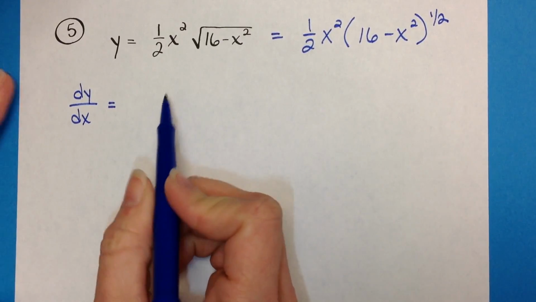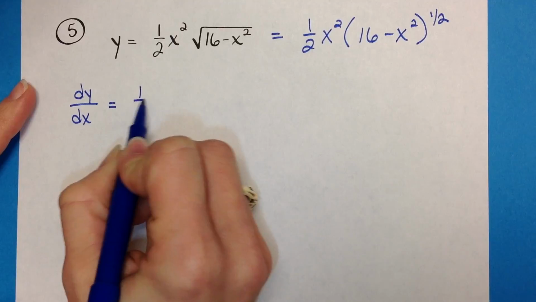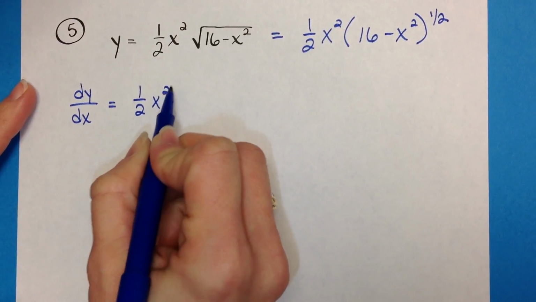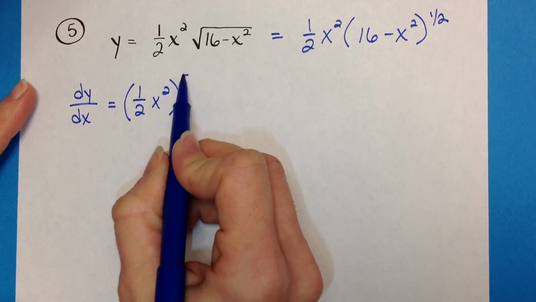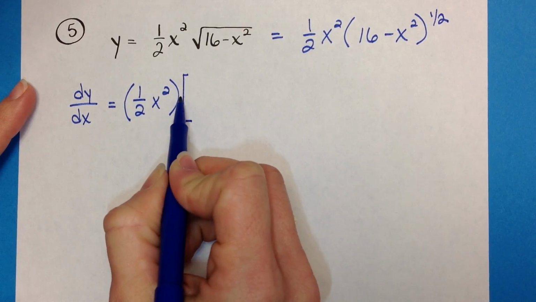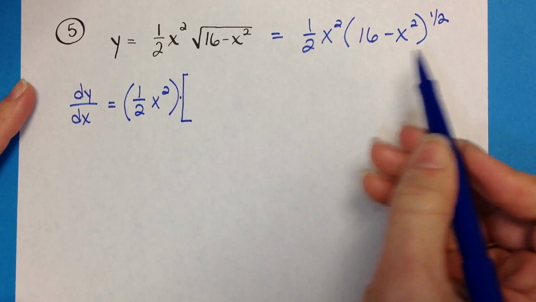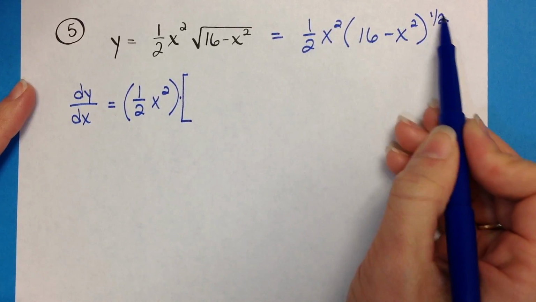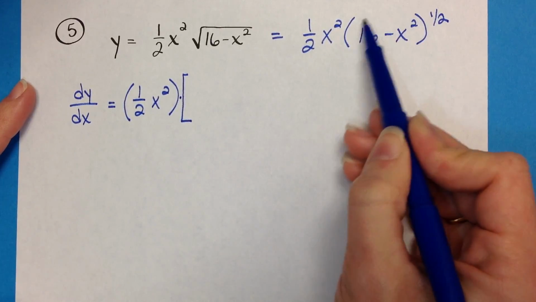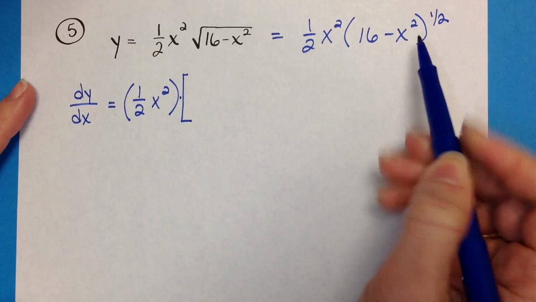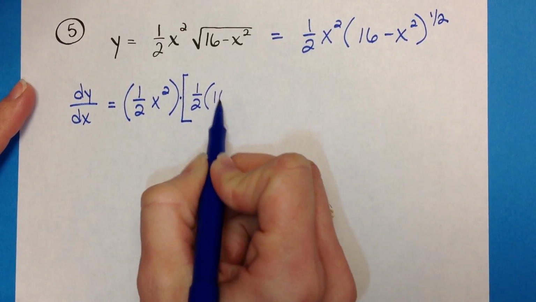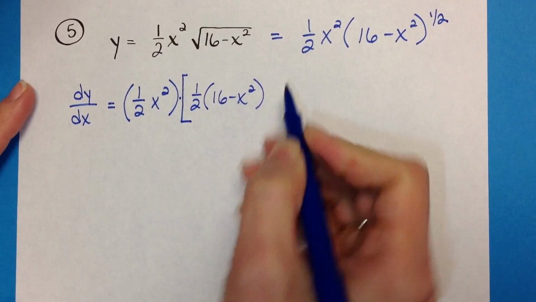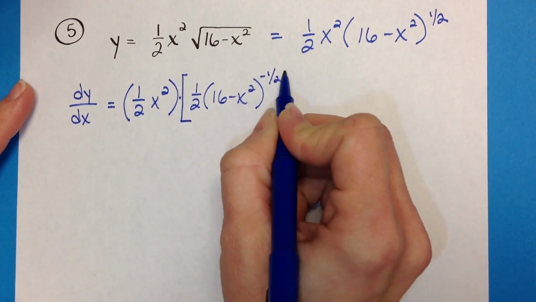Alright, so product rule, you would do first function times the derivative of the second. Now I'm going to use a bracket here. Of course, this would indicate the multiplication. But I've got to take the derivative of the second function. This is where your chain rule is going to come in. So you have to do 1/2 times your function to 1 less power.